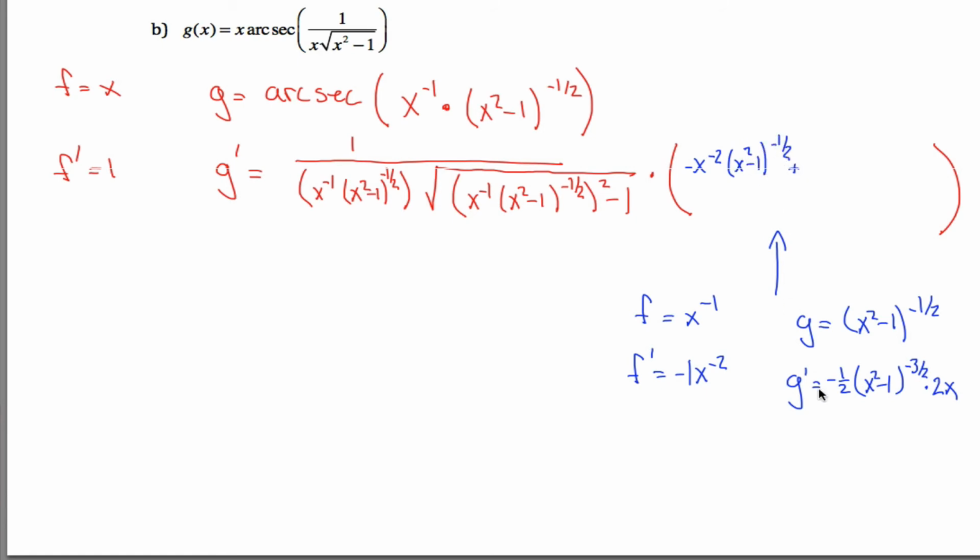And to that I want to add g prime, which is a negative number, so I'll just say minus 1/2 times x squared minus 1 to the negative 3/2 times 2x, and then f, which is x to the negative 1 power. Something like this is your answer for g prime.